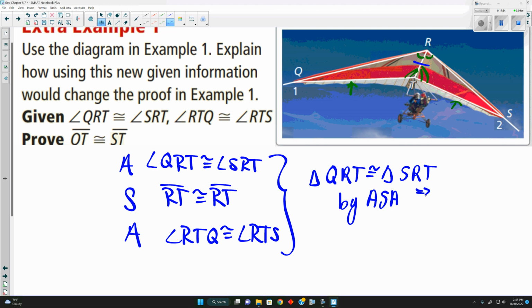So we can say that QT is congruent to ST by what? Questions on this here?